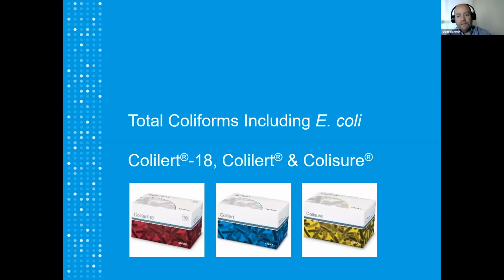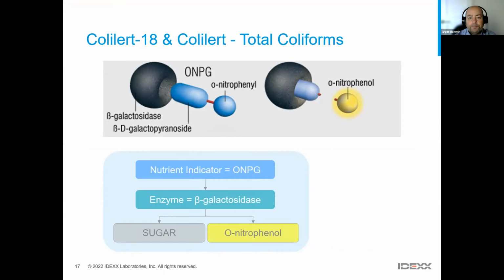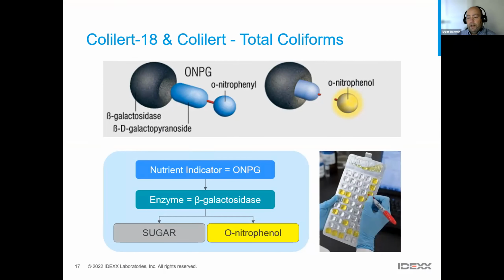So let's look specifically at coliforms, including E. coli. We have 3 products: Colilert-18, Colilert, and Colisure. They've all been developed historically over a period of time, and they have some slightly different applications. Colilert-18 and Colilert, for detecting total coliforms, contain a nutrient indicator called ONPG.